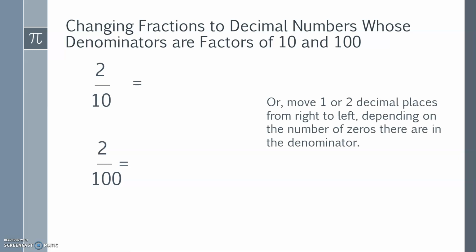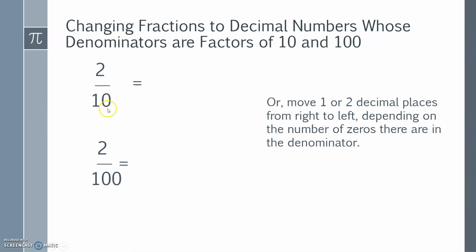Or, we have another way to change fractions to decimal. Sabi dyan, move 1 or 2 decimal places from right to left depending on the number of zeros there are in the denominator. So let's say we still have 2/10 as our example. Depende raw kung ilan yung zero.